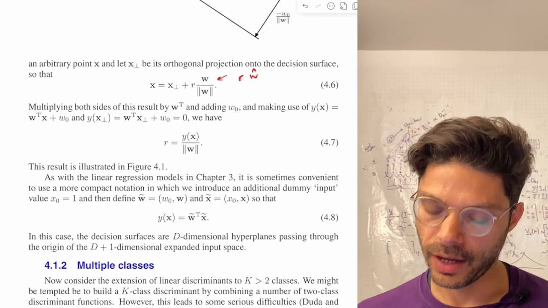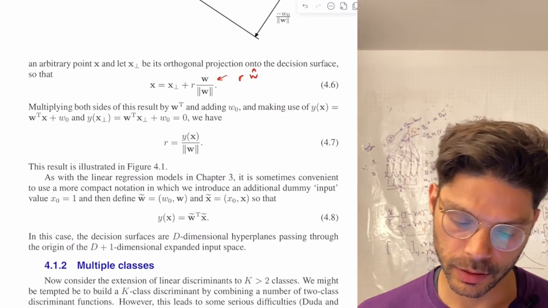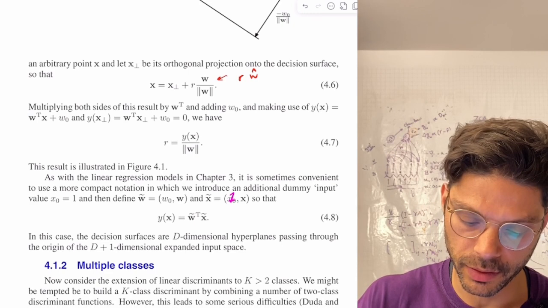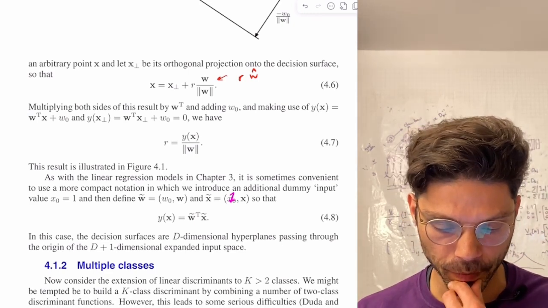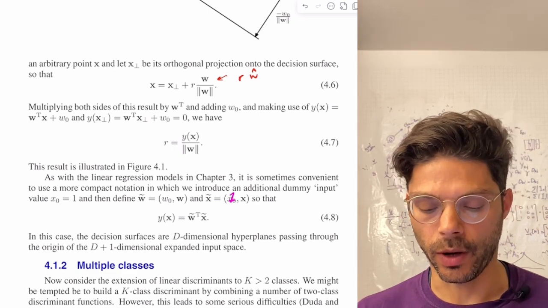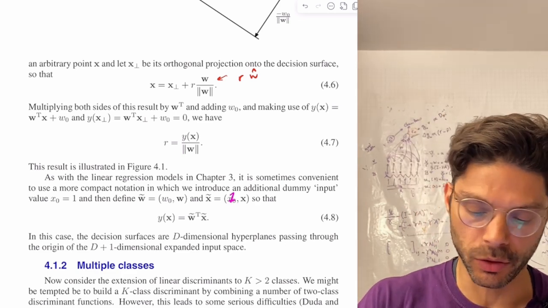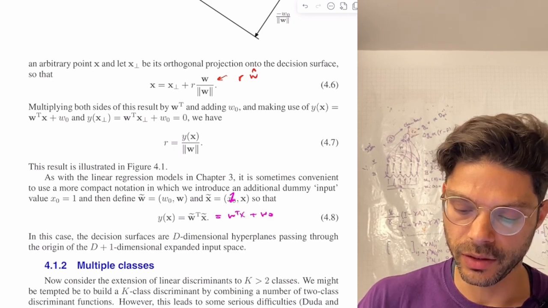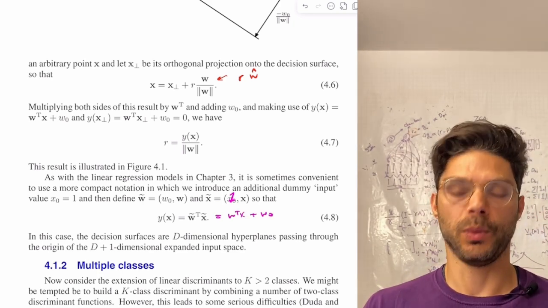I think this should actually be 1, right? So that y of x is equal to, remember, w transpose x plus w naught. If we arrange things in this way, we'll get exactly that.